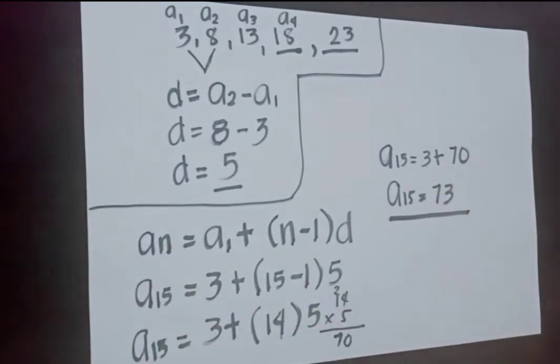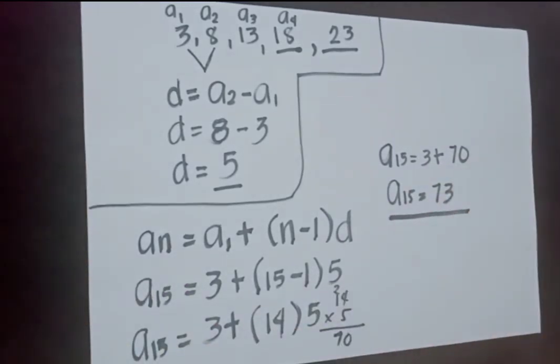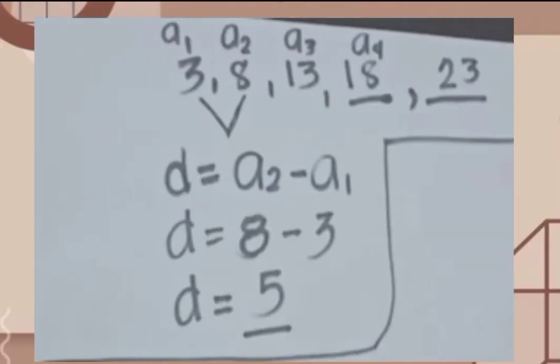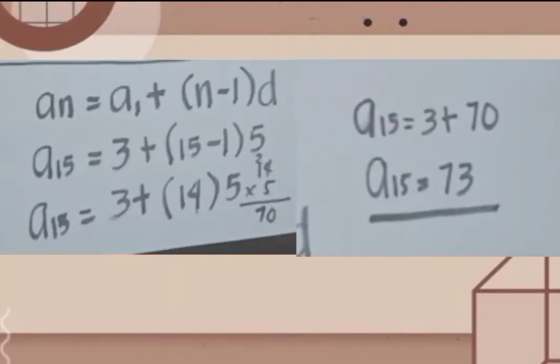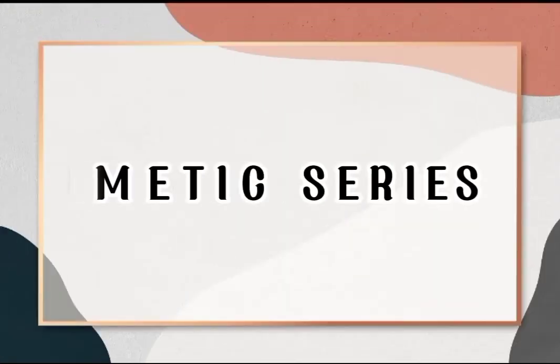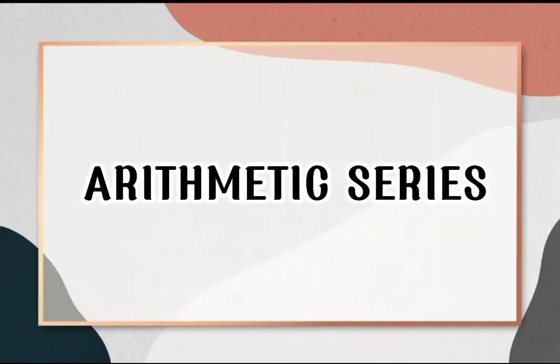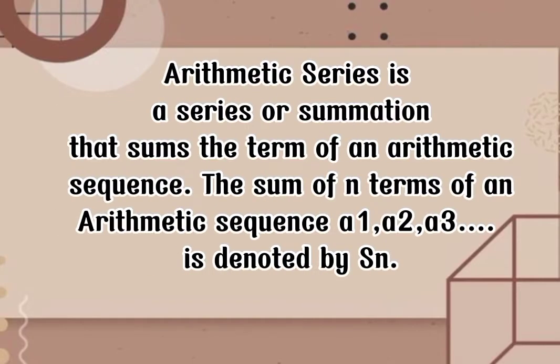So in obtaining the next term, we can use the first method or this formula. Arithmetic series: an arithmetic series is a summation that sums the terms of an arithmetic sequence. The sum of n terms of an arithmetic sequence a sub 1, a sub 2, and a sub 3 is denoted by Sn.